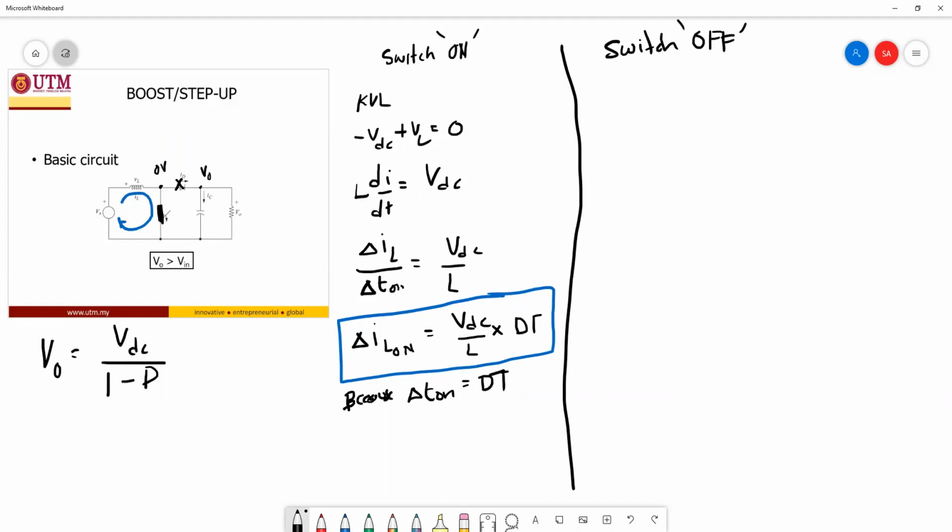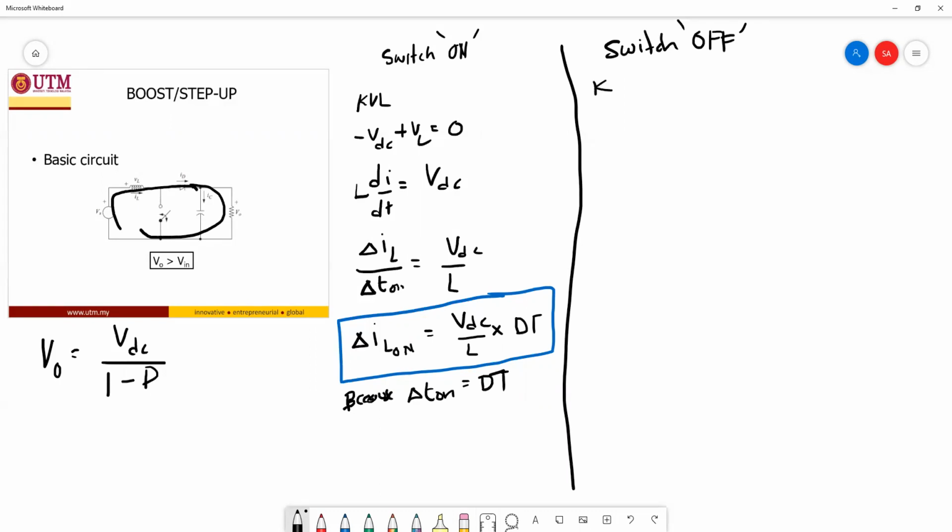What happened during switch off? The switch is open, so the current will flow from the input to the inductor, diode, and capacitor, and also the resistor. So the KVL we can draw like this.